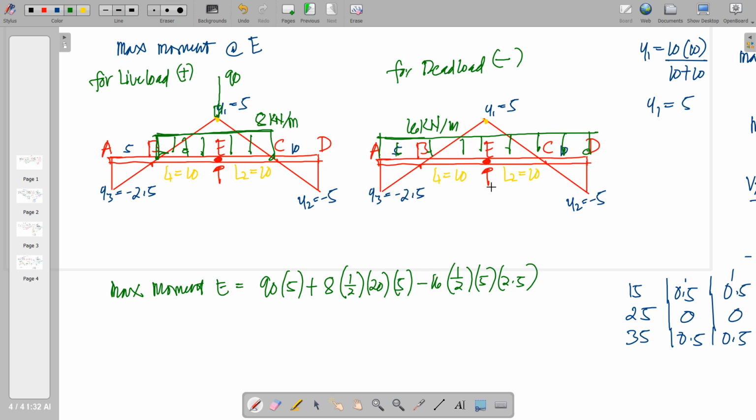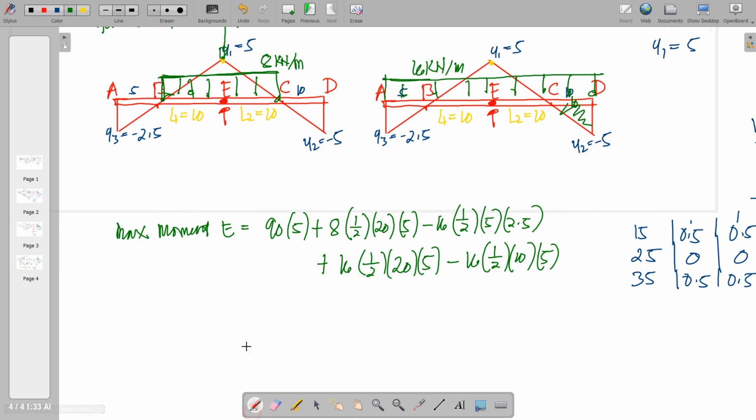And then we add the positive area here, 16 by 1/2 by 20 by 5. And then we deduct this one, minus 16 by 1/2 by, so this is 10 by 5.